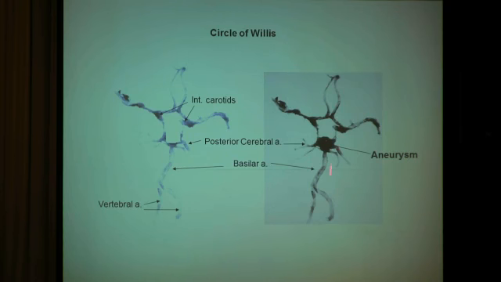Well, this shows something abnormal. This was, again, taken from autopsy, where it was dissected out of a patient. This is a ballooning of the top of the basilar artery. It's called an aneurysm. So in an aneurysm, the vessel wall is weakened for a variety of reasons, and the blood pressure causes it to balloon out like a balloon.